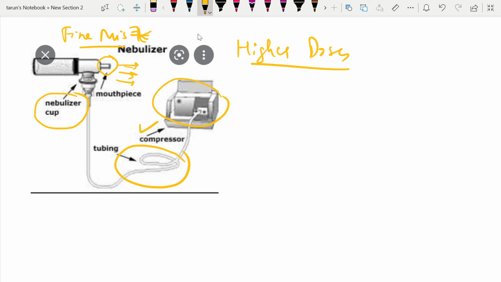The nebulizer chamber is connected to the nebulizer and oxygen mask on either side so that the nebulized drug is inhaled along with the oxygen.